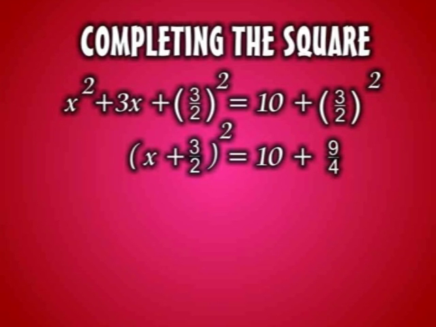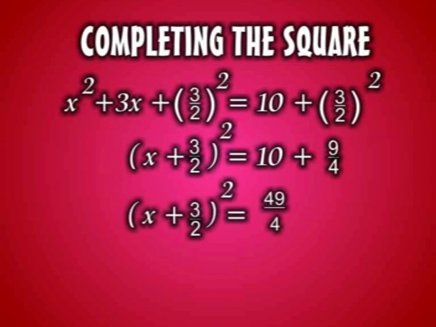All I need to do is say x plus 3 over 2 and all of that squared is equal to 10 plus 9 over 4. Now on the right hand side I am going to multiply it out. That means that x plus 3 over 2 squared is going to equal 49 over 4.